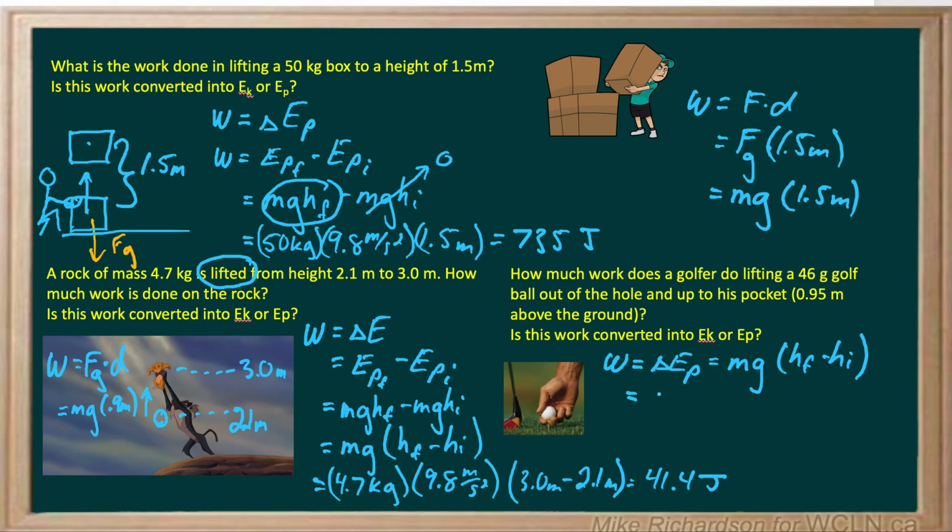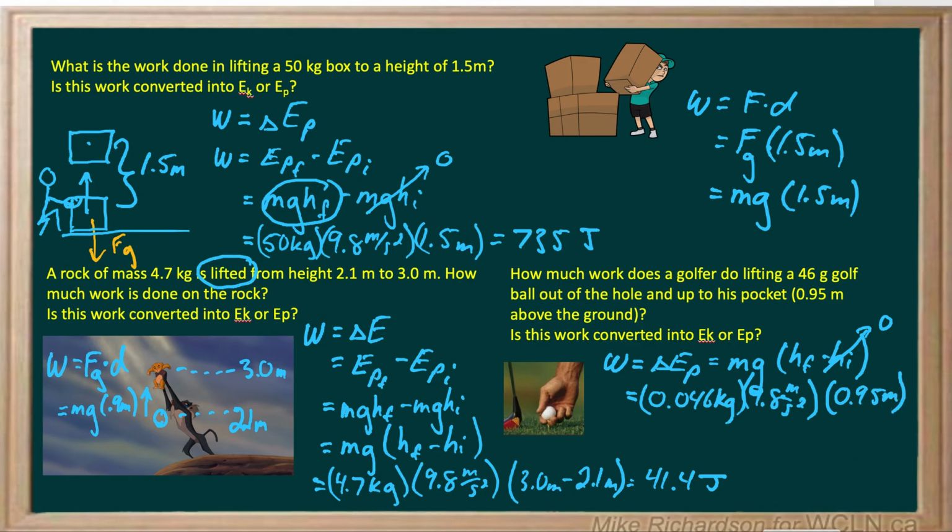So a 46 gram ball is 0.046 kilograms times 9.8. H final was 0.95. And H initial was on the ground, so it's 0. So all we need is the final height.